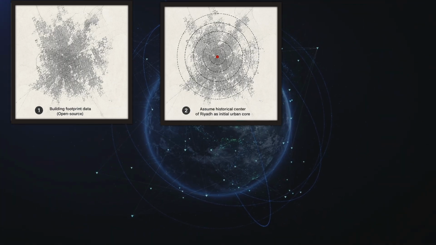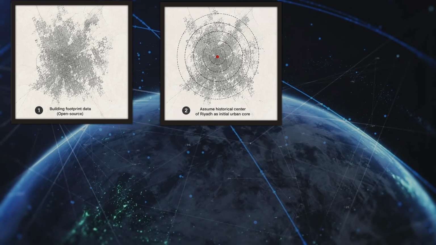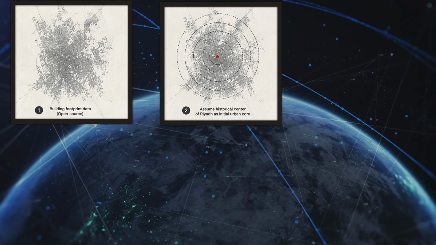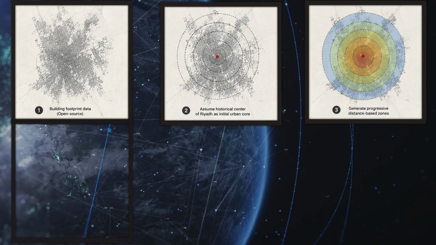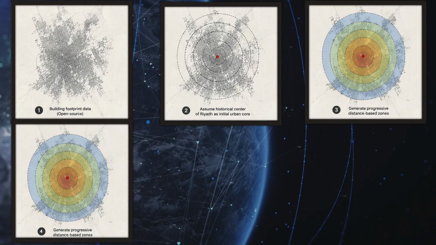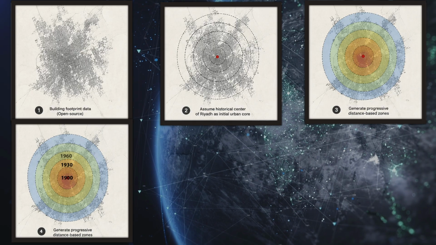To achieve this, we considered the historical center of Riyadh as the original urban core, representing the earliest stage of development. From that central origin point, we generated progressive spatial zones extending outward across the city. As distance from the urban core increases, estimated development years gradually increase as well.